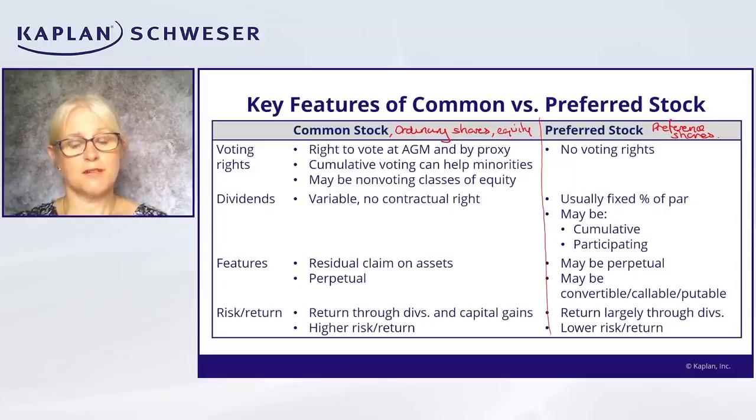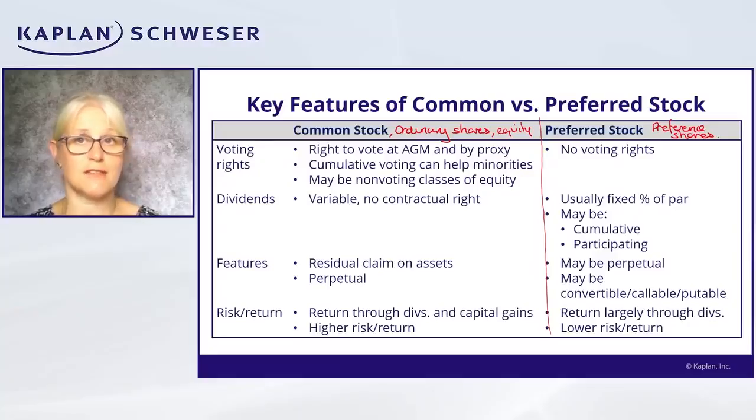Now, cumulative voting is a speciality which I certainly have never seen in the UK, but it seems to be a speciality that can help minorities. It's available to minority shareholders only, to basically allow them to group together all their votes.